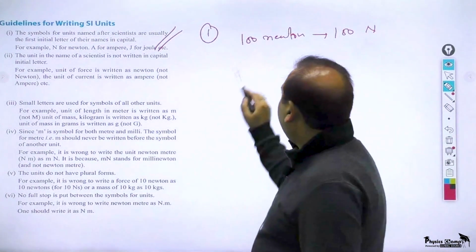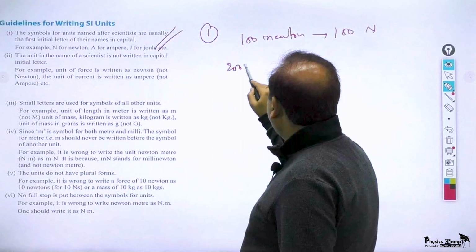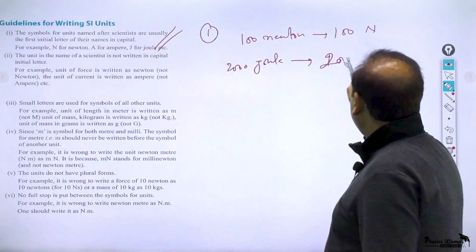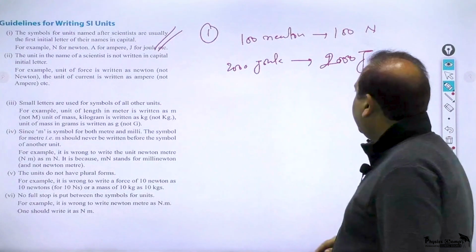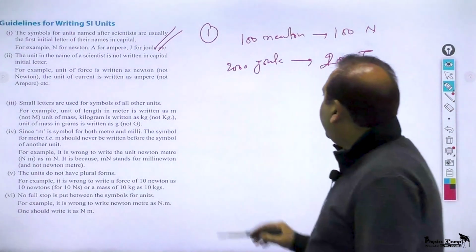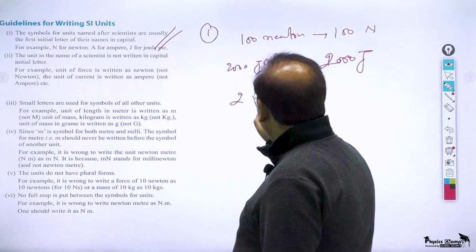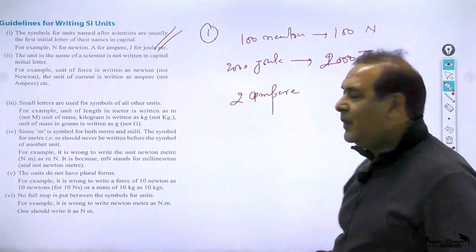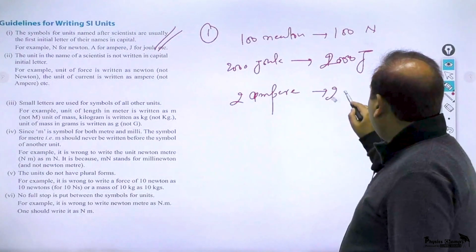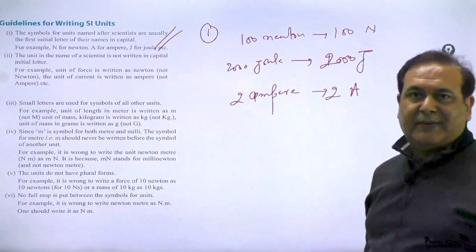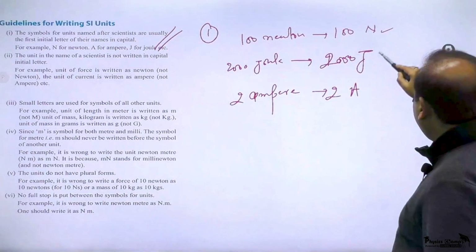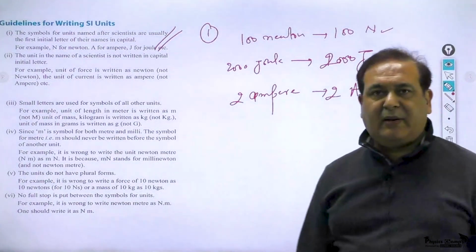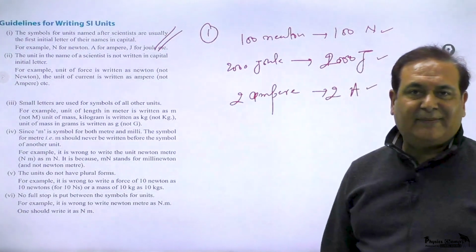If you are writing 2000 joule of energy, you should write 2000 J, capital J. If you are writing 2 ampere of current, you can also write 2 A. So whatever units are named after a scientist, if you are representing them with a single letter, then it has to be capital.